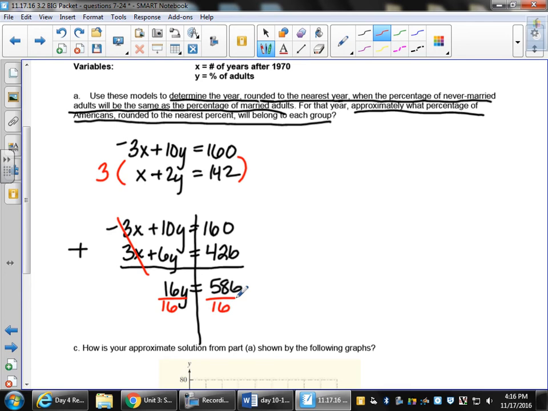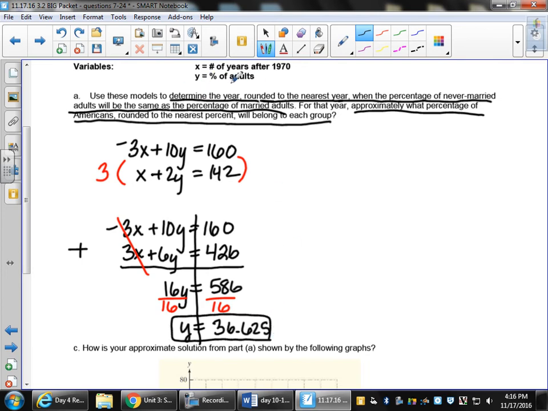586 divided by 16. I get y equals 36.625. So here's my answer. What does this answer mean?